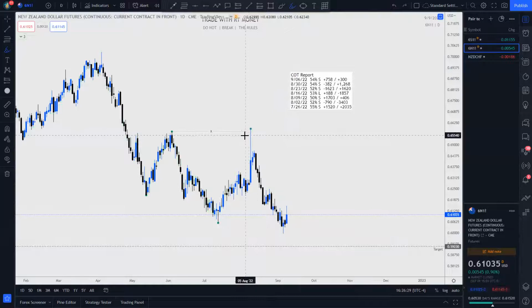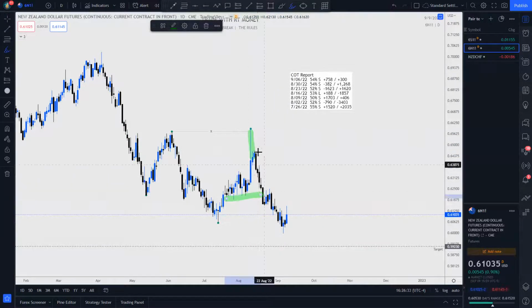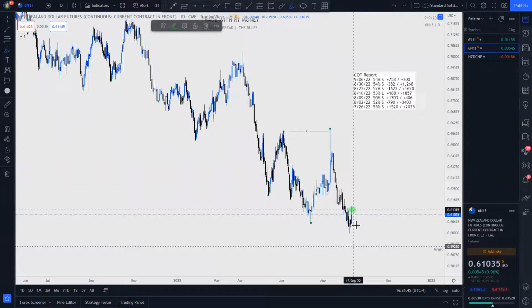Price rejected hard, broke structure to the downside. And again, we break the swing low. This is all bearish price action, folks. It's too easy to tell. And we can expect to see more bearish price action, likely to hit the target that I set last week at 0.59230.